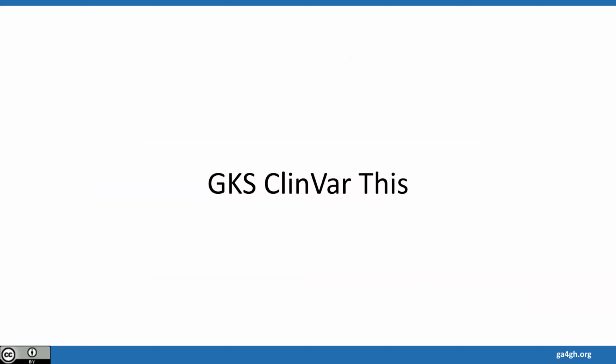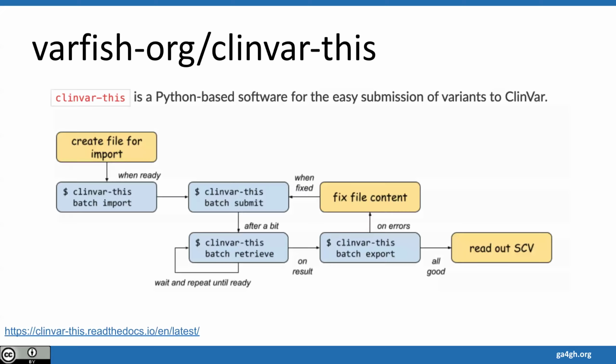So now that we have a way to represent the AMP-ASCO-CAP 2017 community profiles in Civic, we're ready to submit this information to ClinVar using the submission utility tool, GKS ClinVar This. One of the first things you do whenever you're working on a problem is ask, has someone already solved this for me? Next slide.